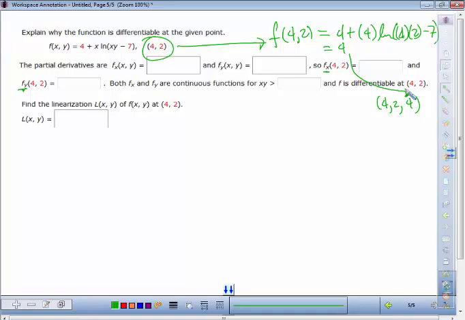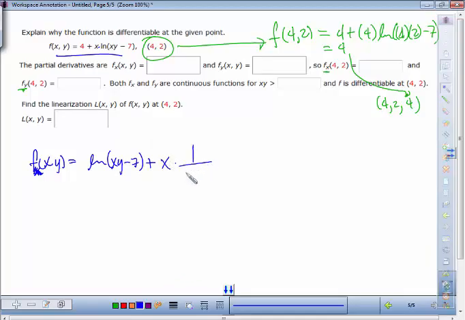Now we need derivatives. Let's take the derivative with respect to x. I'm going to say f sub x of xy. The derivative of 4 is 0, but then I have a product, so let's be careful and use the product rule: derivative of the first times the second plus the first times the derivative of the second.